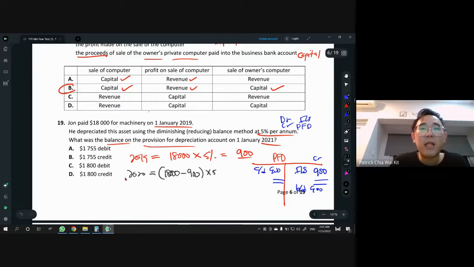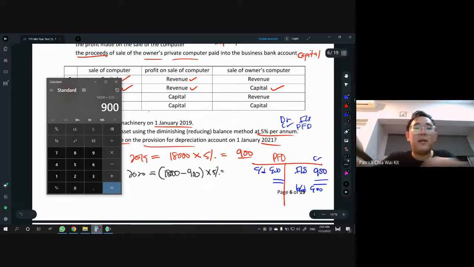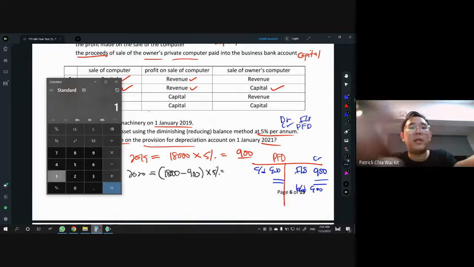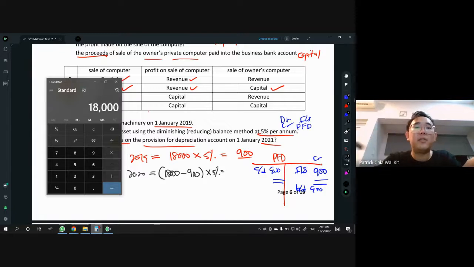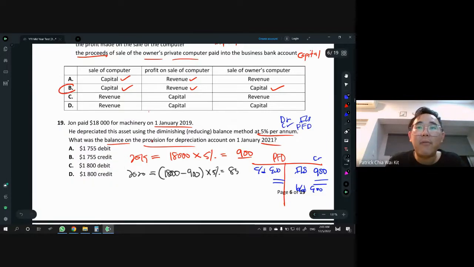Then only you multiply by the 5%. So 1800 minus 900, you get 17100. Then multiply by 5%, and you get 855. So this is our second year depreciation.